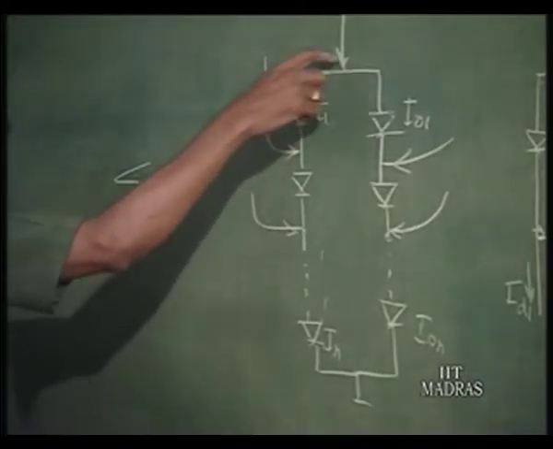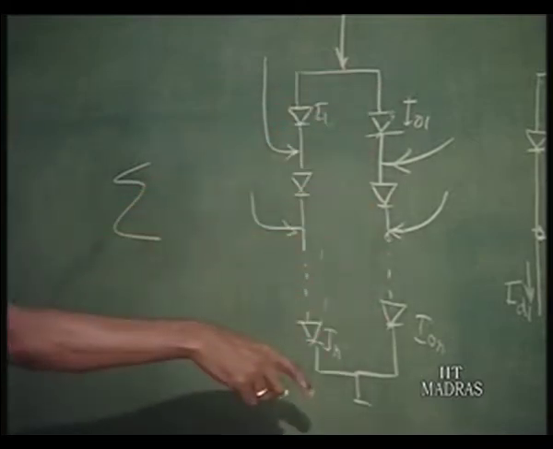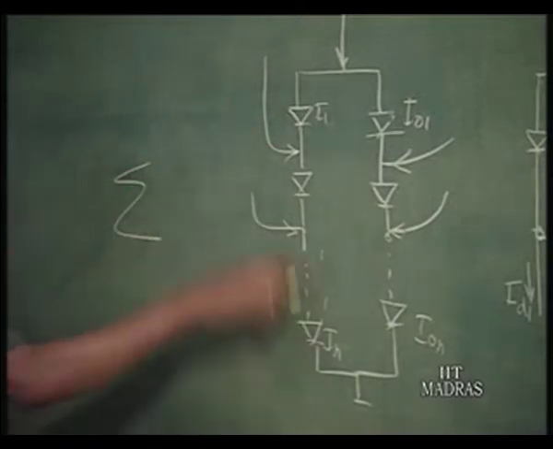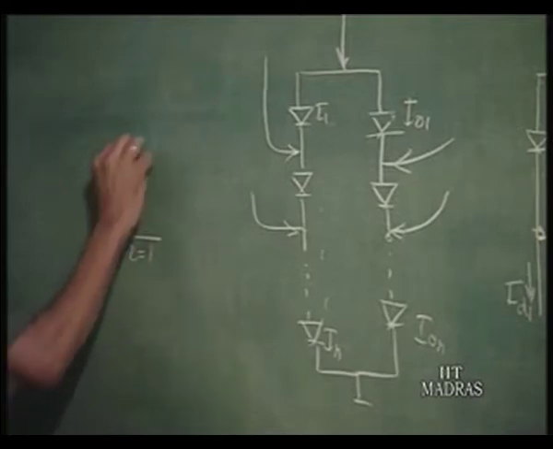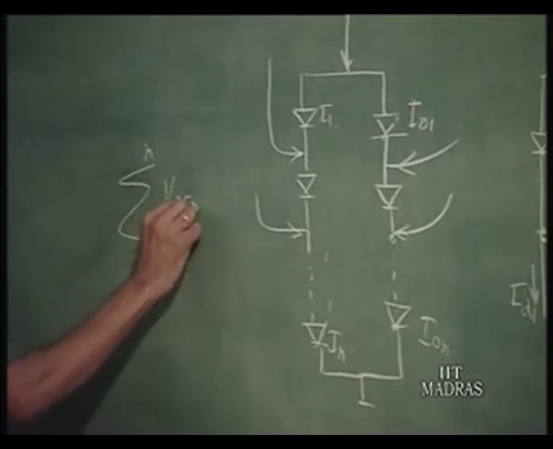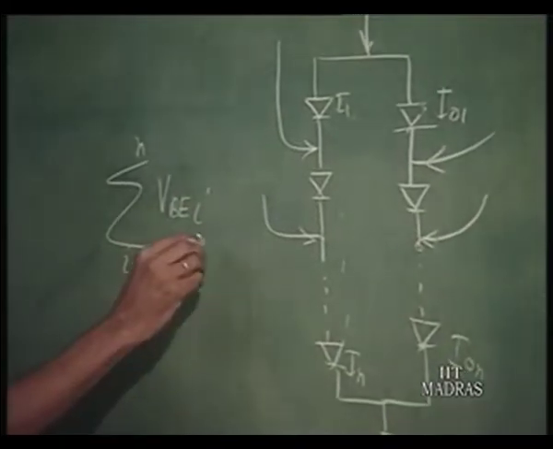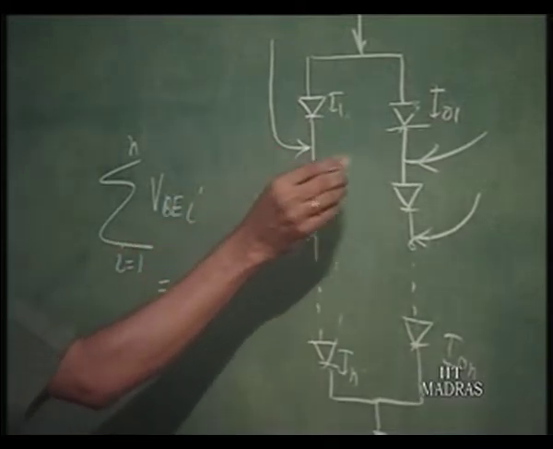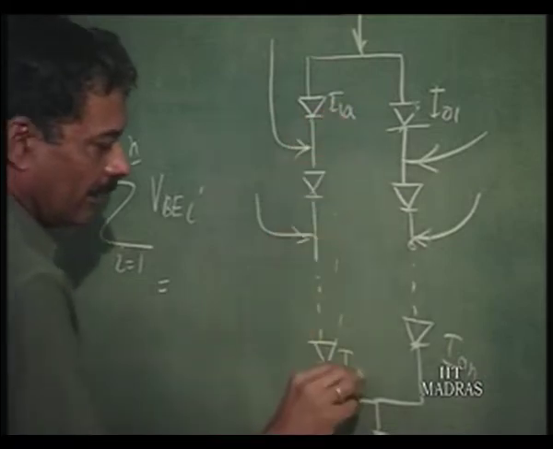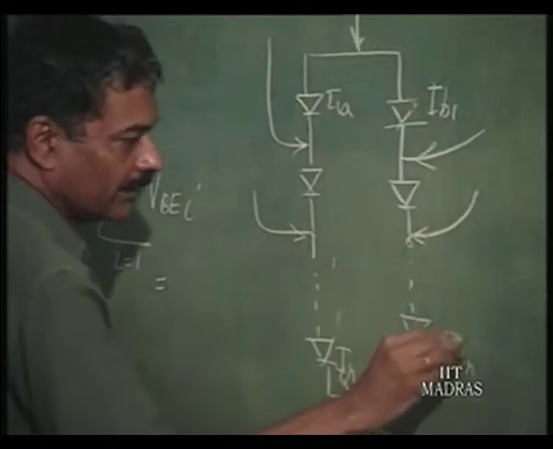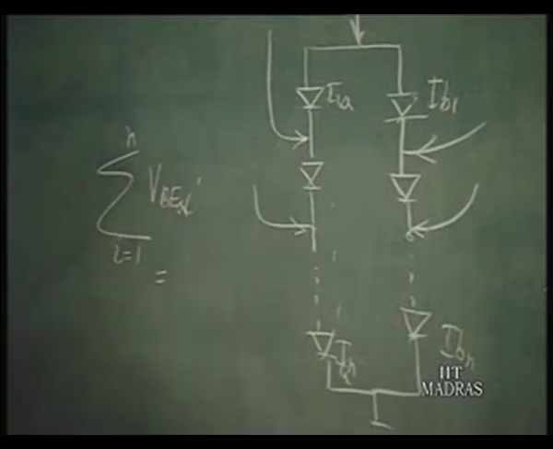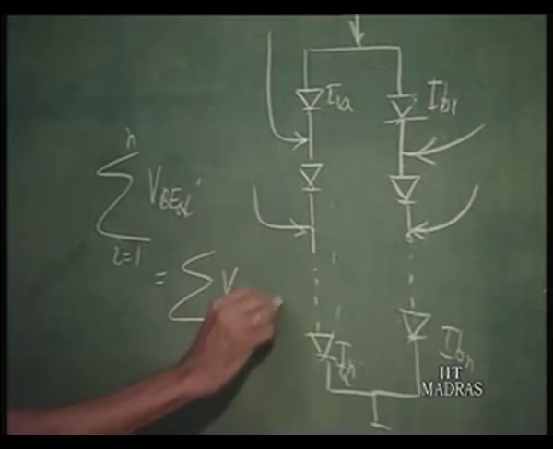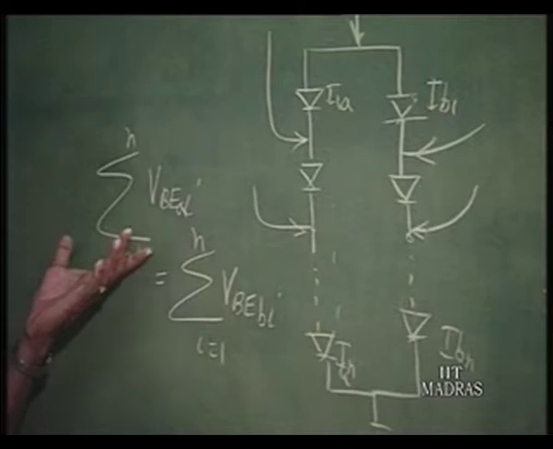That means, the forward biased diodes in clockwise direction should have the voltage equal to the forward biased diodes in the anticlockwise direction. Therefore, we have, let us say, n number of diodes. So, sigma i equal to 1 to n, VBE, okay, should be equal to, let us say, VBE of these, we will call this A, okay, for clarity, and this as B. So, those which are A should be the same as sigma VBE of B, i equal to 1 to n. This is from Kirchhoff's law.